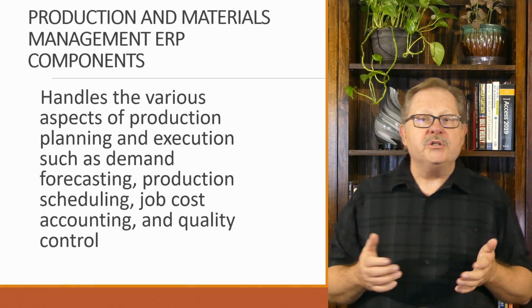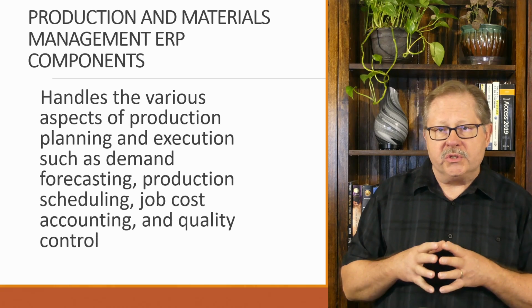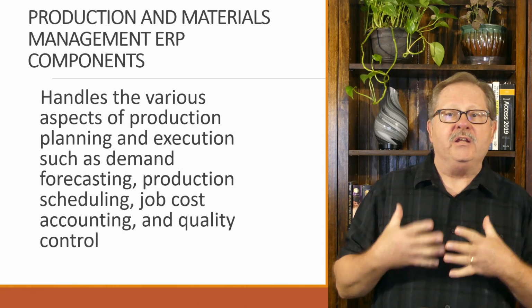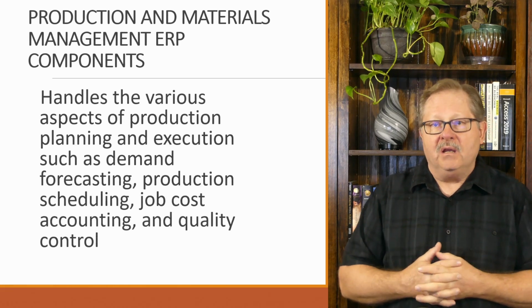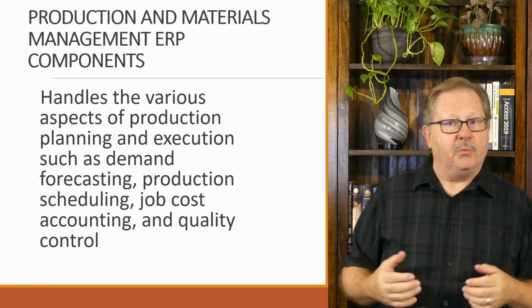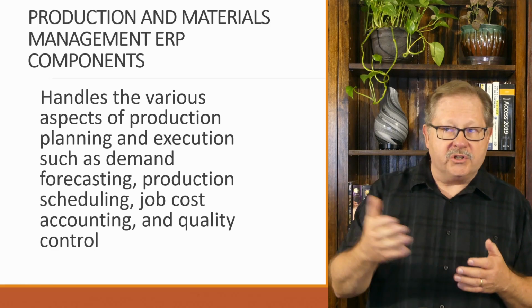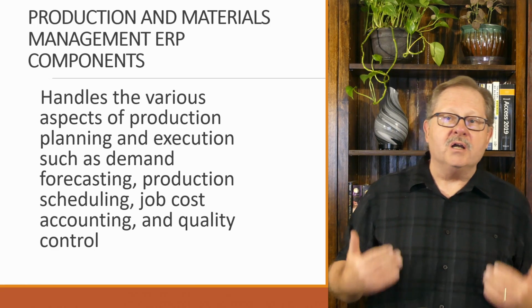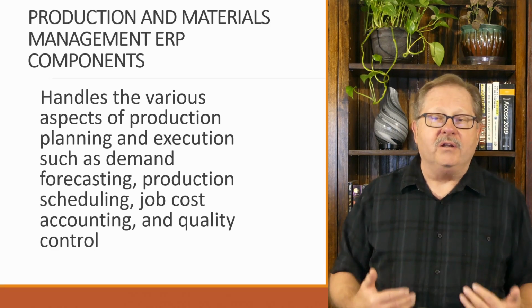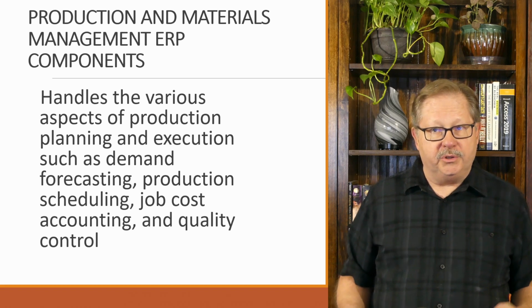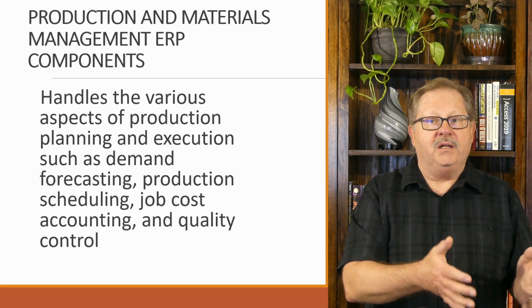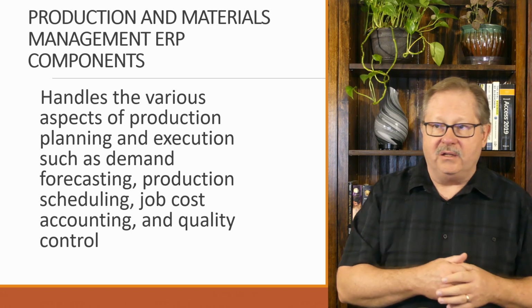So production and materials management is also one of those parts that are added to an ERP system that is not necessarily part of a regular accounting system, but you notice demand forecasting, production scheduling, job cost accounting. The cost accounting becomes very important when you put together your payments side of the ledger, your expense side of the ledger.